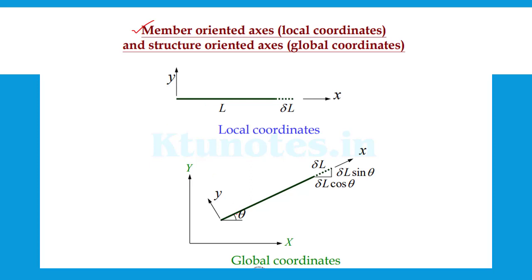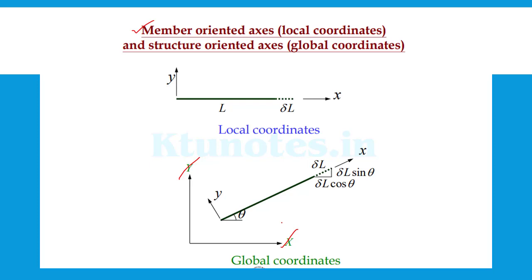The bar can be placed inclined in space, so the bar will have its own local coordinate, and there will be a global coordinate which is known as capital XY, and we need to find all the equations of the individual elements with respect to the global coordinate, so that we can add them to find the total response of the structure.